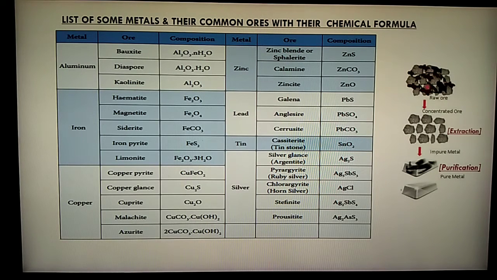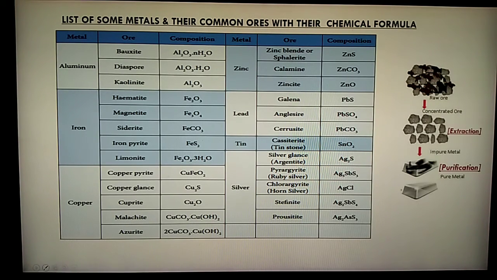If we introduce it into the extraction process, we will get a low percentage and low quality of metal. That's why before introducing it into the metallurgical process, our raw ore must be purified. That's why the topic is concentration of ores or purification of ores.